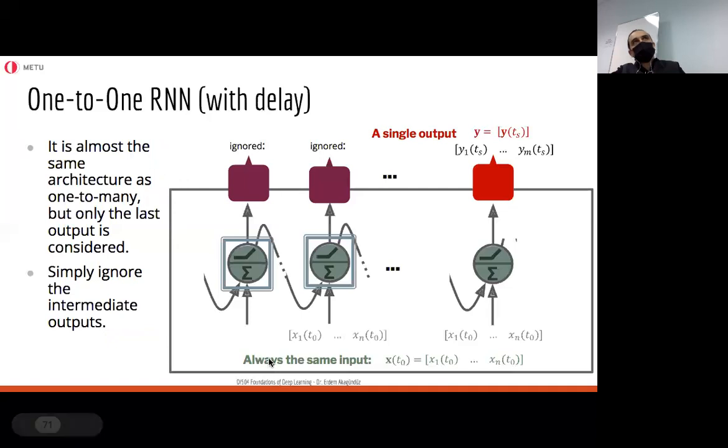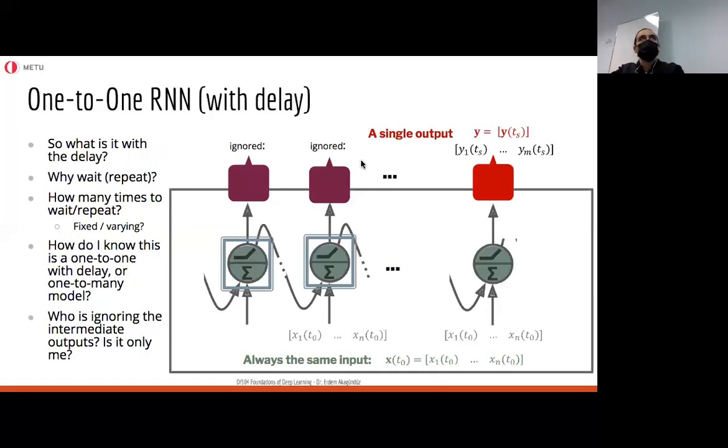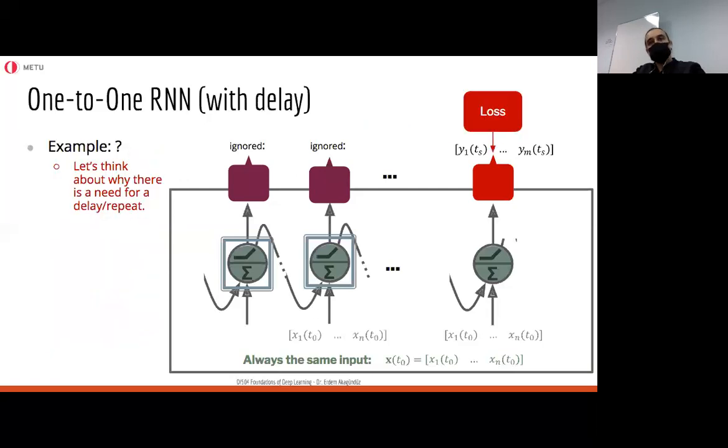So we have practically a single input, practically a single output with delay. So what is ignoring, guys? Have you ever thought about that? Who is ignoring that? Who cares whether it's ignored or not? Ignoring makes sense when we are training the system. During training, we won't calculate the loss from these outputs. The loss will only be calculated from here.